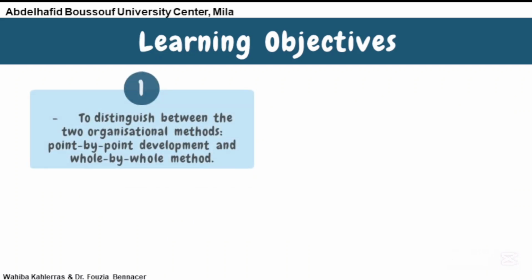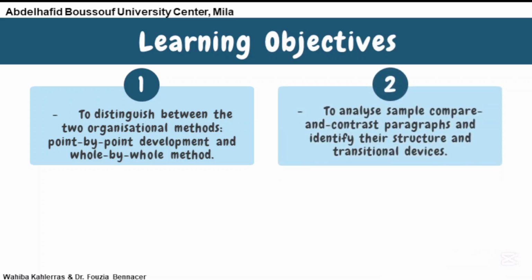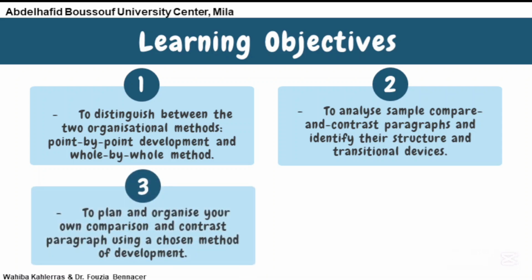You're going to be able to distinguish between two organizational methods, the point by point and the whole by whole method. You will also be able to analyze sample comparison and contrast paragraphs and identify their structure and transitional devices, and to plan and organize your own comparison and contrast paragraph using a chosen method of development, either point by point or whole by whole, also known as block.